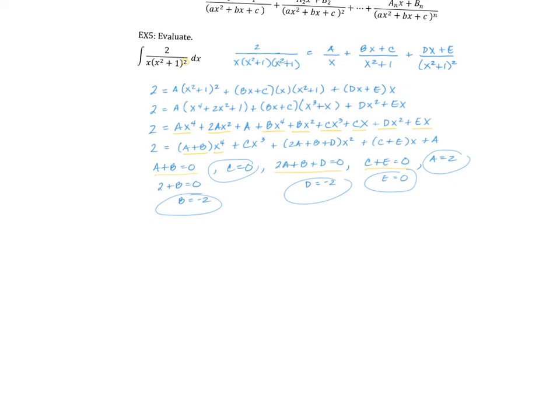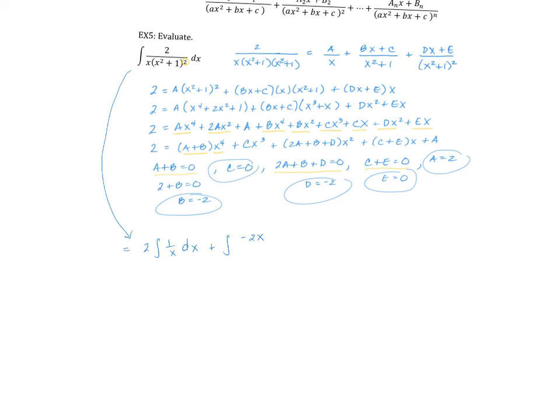Wow, that's going to be fun to break up. Okay, let's go ahead and evaluate our integral. This integral is equal to A is 2, so it's going to be the integral of 2 times 1 over x dx. And B is negative 2, C is 0. So I'm going to write this out first because I'm not sure what it's going to look like.